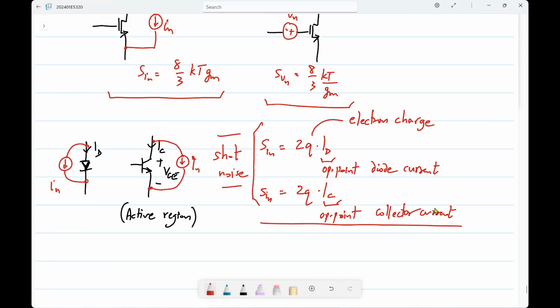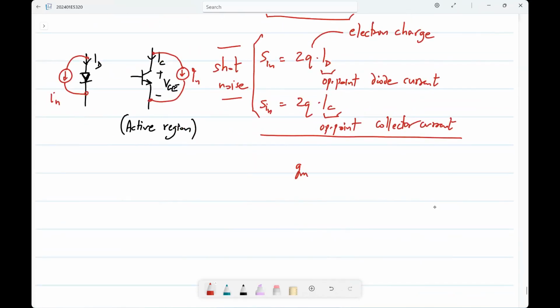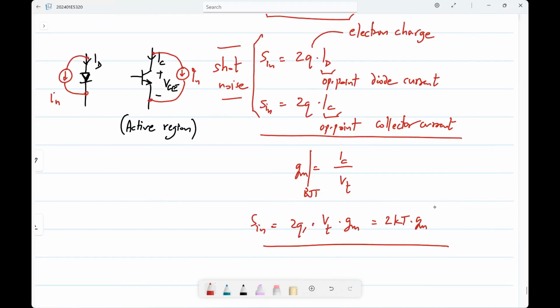The GM of a bipolar transistor is IC divided by the thermal voltage. So what do you get? You get 2Q times the thermal voltage times GM, or 2 times KT times GM. So the expression again looks similar, with some modification to the scaling factor. Is that fine?